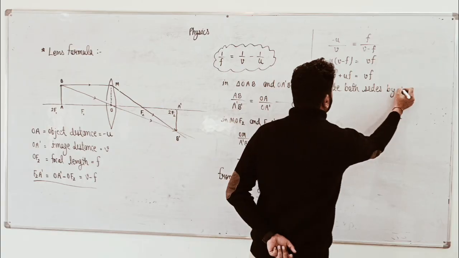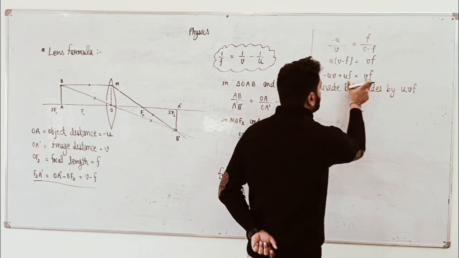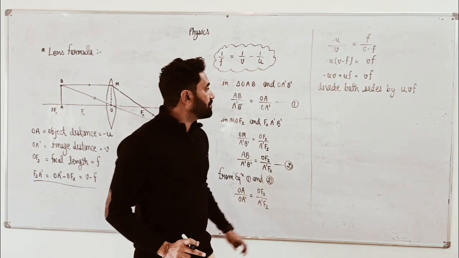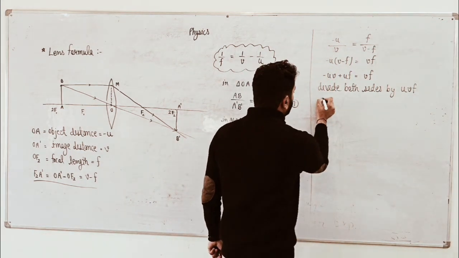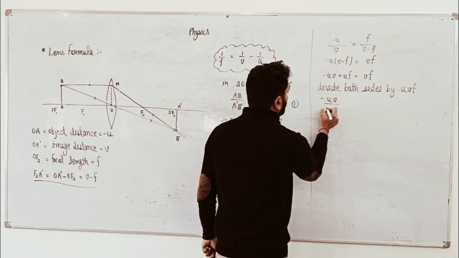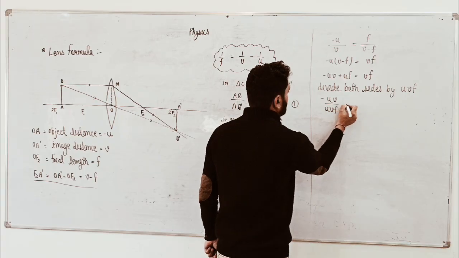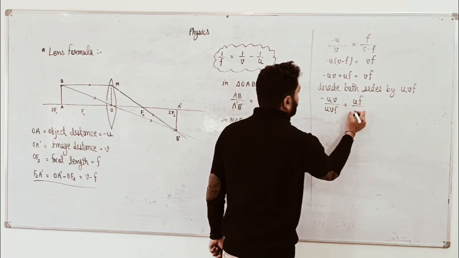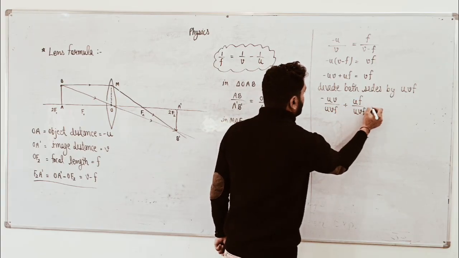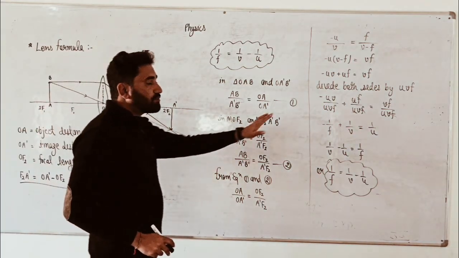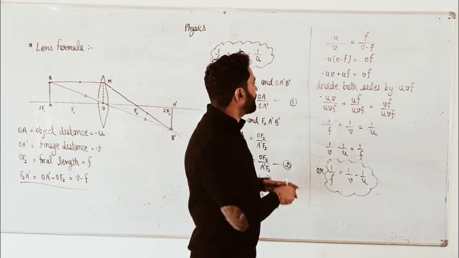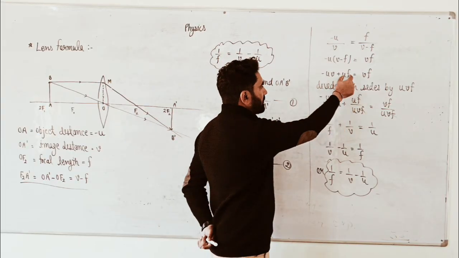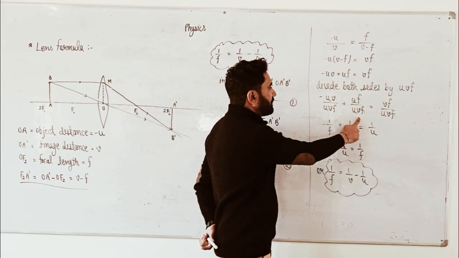To simplify this, we have to divide both sides by U, V and F. So if we divide both sides by UVF, then we have UV upon UVF, plus UF upon UVF, and VF upon UVF.